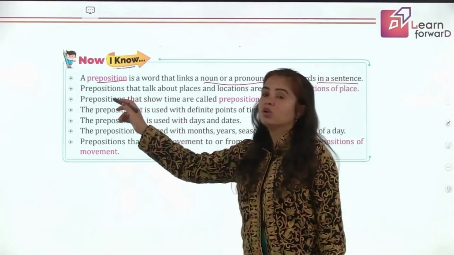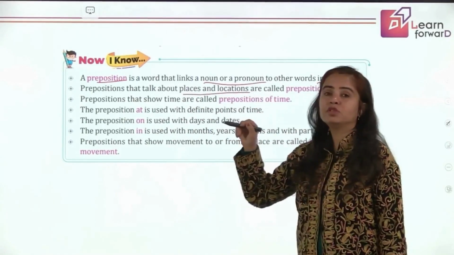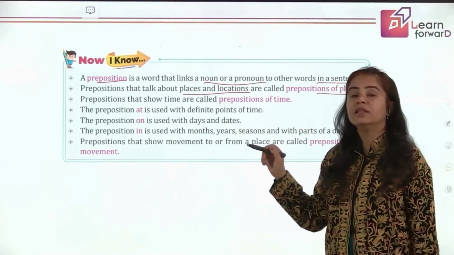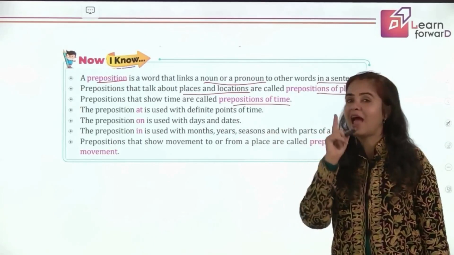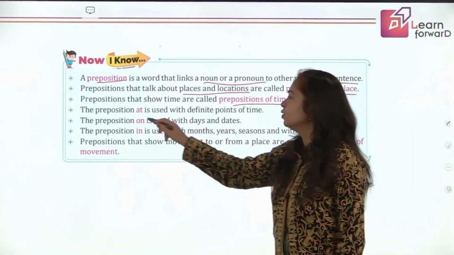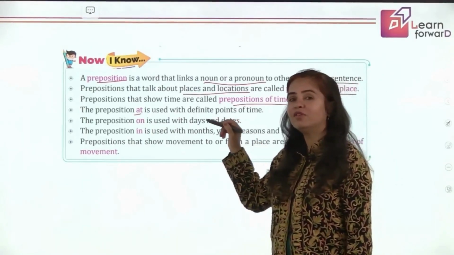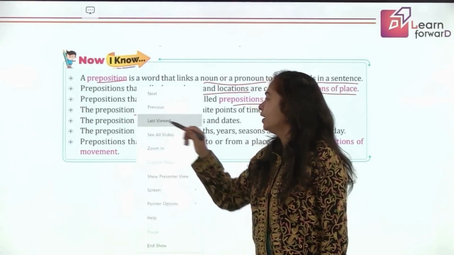Next, we also talked about the prepositions of place. They tell you about the location. Then we learnt about the prepositions of time, in, at, on. Then also at is used with the point of time at 5 o'clock, at night, at noon, and then on.